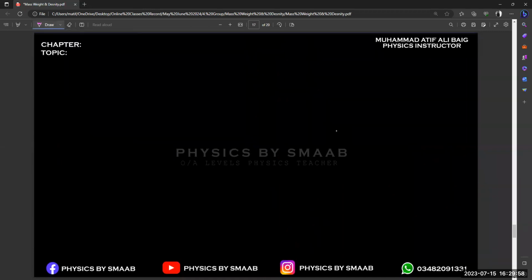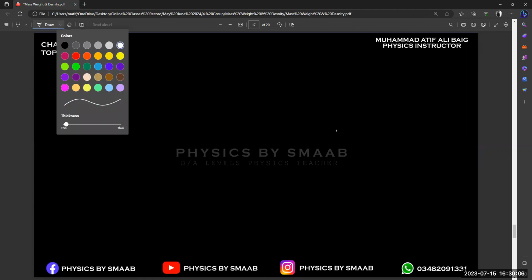Okay, so if we consider a speed-time graph, right? Speed on the y-axis and time on the x-axis. Because we are going to only discuss acceleration and speed, we are not interested in calculating the distance.